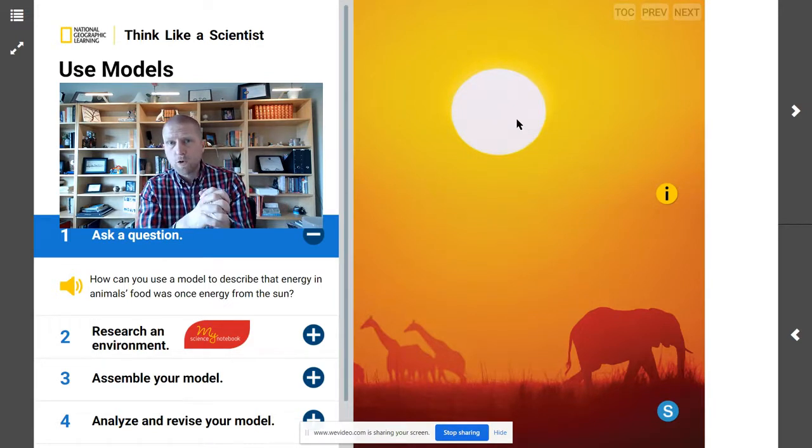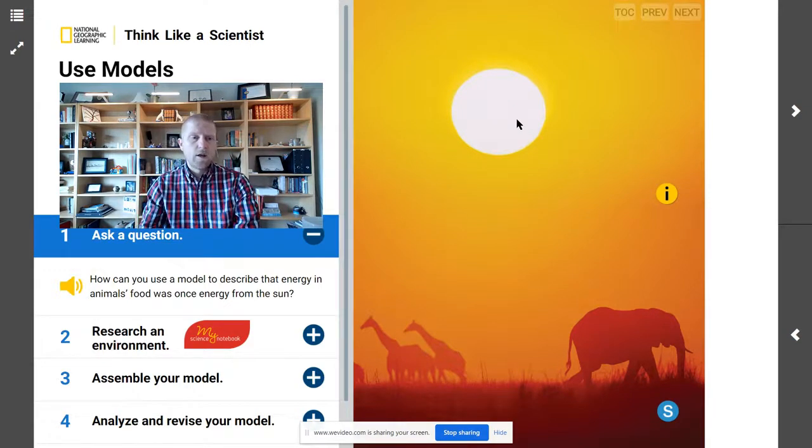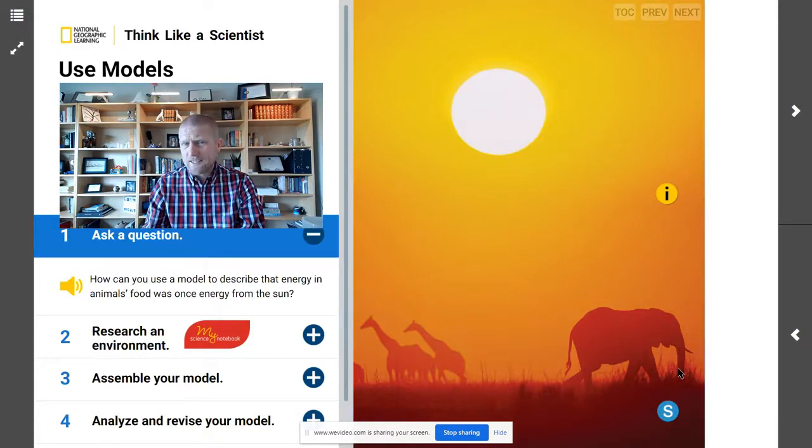Well, we do indeed. We could say that the energy from the sun goes straight down to the grass, and the grass grows and gives energy to the elephant. Now, are giraffes going to eat that elephant?